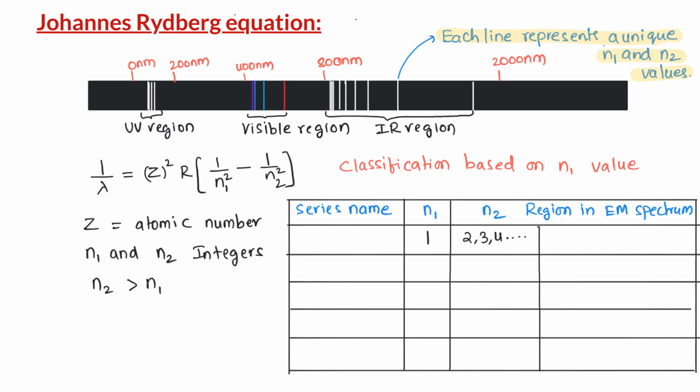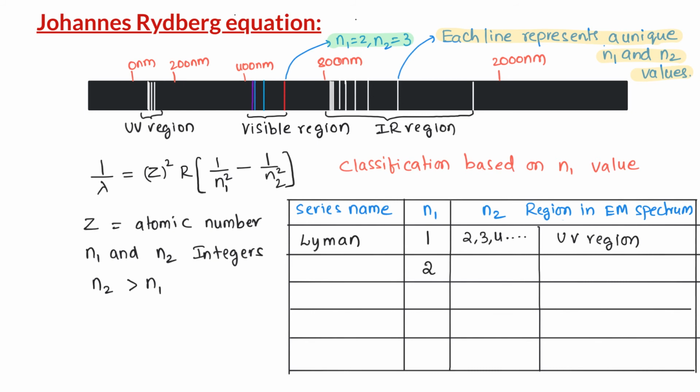For example, the rightmost line in the visible region has n1 value equal to 2 and n2 value as 3. This we have seen in Balmer's equation. All these lines with n1 equal to 1 appear in the UV region and are called the Lyman series.